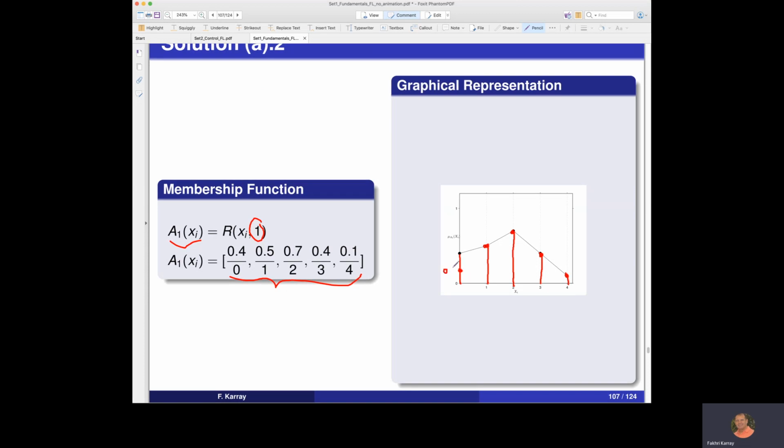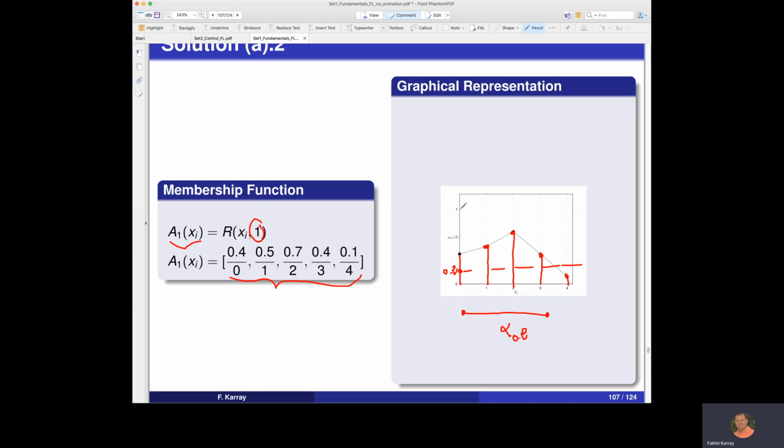So we check which membership values are higher than this value. We have this value here, this value here, and this value here. So this is basically the interval for the alpha cut, for the value alpha 0.2.